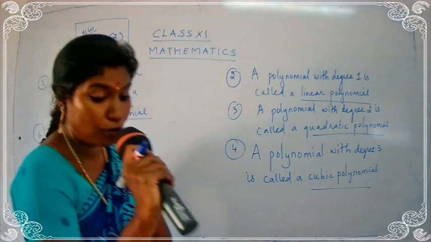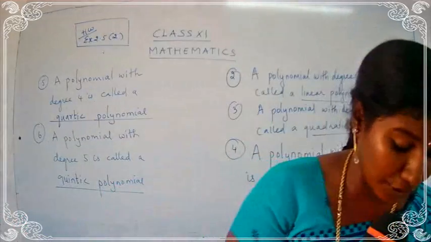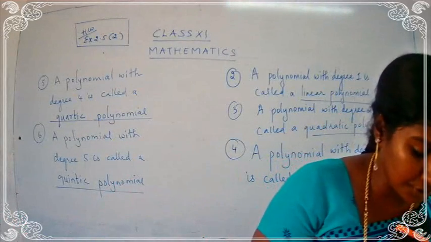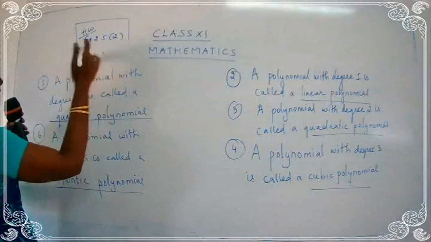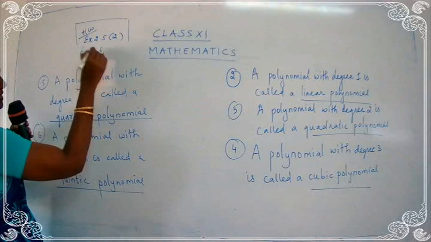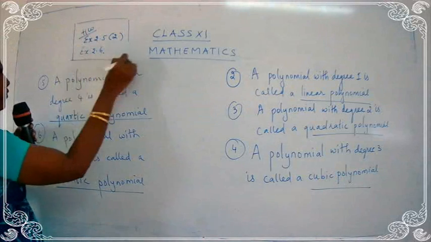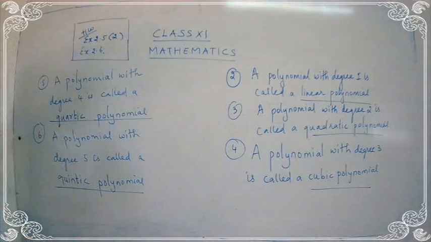Now I have told you that I have some more homework for you, children. So you are going to take down some more homework. Your homework is from exercise 2.6. Totally we have 4 questions over there in 2.6. You will be doing the first one and the fourth one.